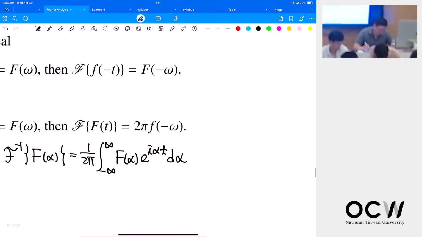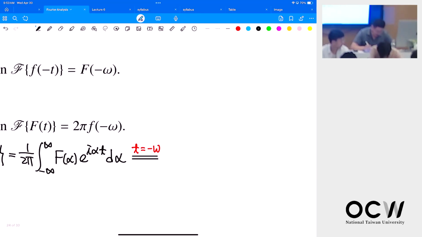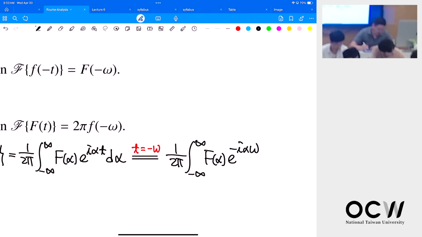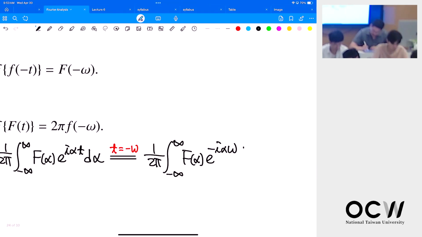Now let's change the variable. Here, let t equal minus omega. That means I still have 1 over 2 pi, and then f of alpha e to the minus i alpha omega d alpha.